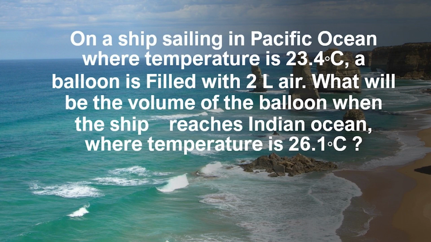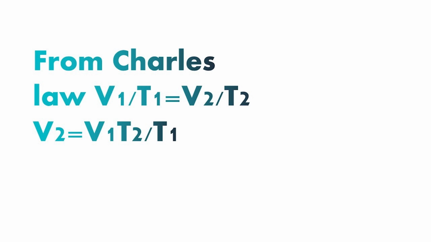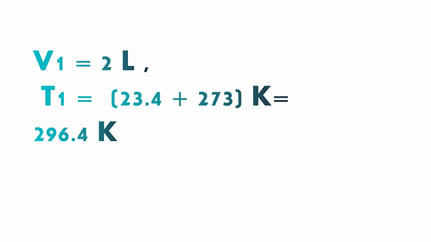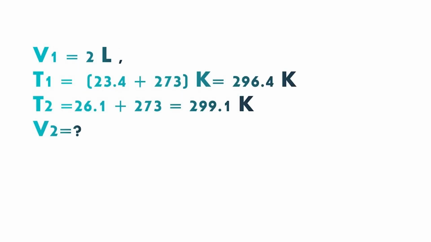So which equation can be used? Yes, V1 by T1 is equal to V2 by T2. In this equation, we have to use the temperature in absolute scale. So we have to convert the temperature in degrees Celsius to Kelvin scale. The first temperature 23.4 degrees Celsius can be converted into Kelvin scale by adding 273. So T1 becomes 23.4 plus 273 and T2 becomes 26.1 plus 273.